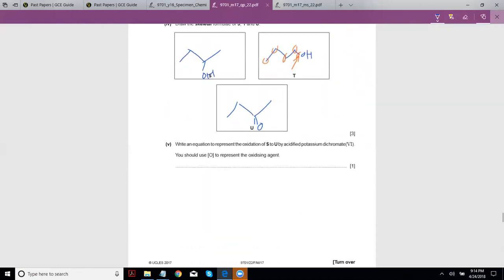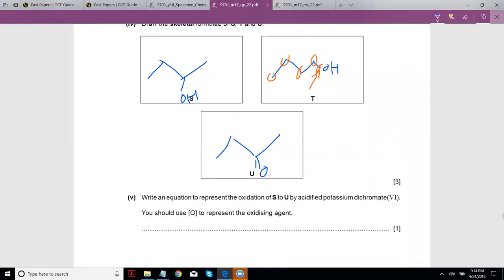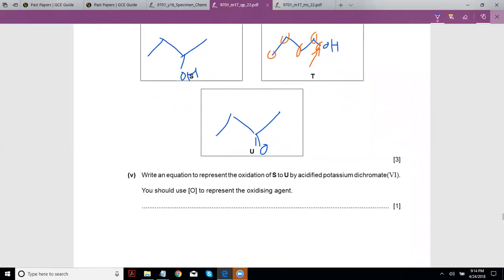Write an equation to represent the oxidation of S to U by acidified potassium dichromate. You should use [O] to represent the oxidizing agent. So this is CH3CH2CHOHCH3 plus the oxidizing agent.